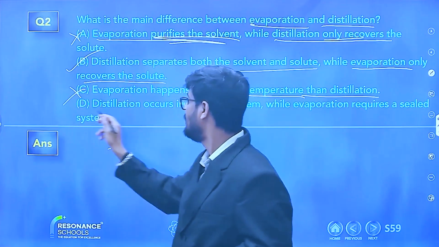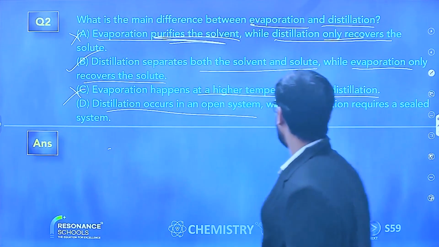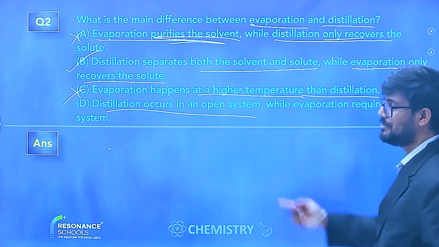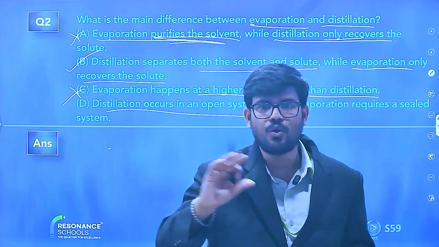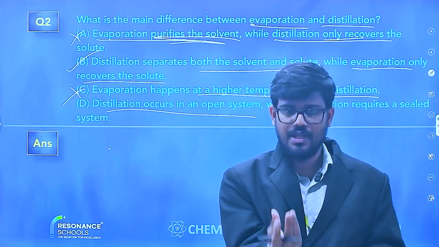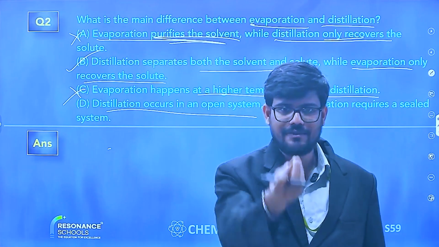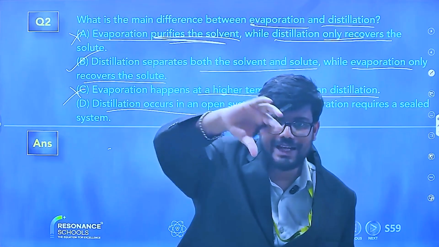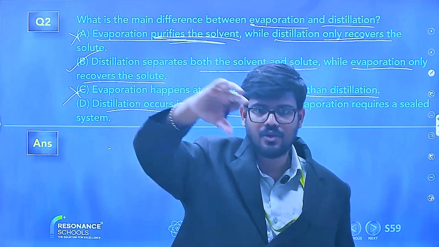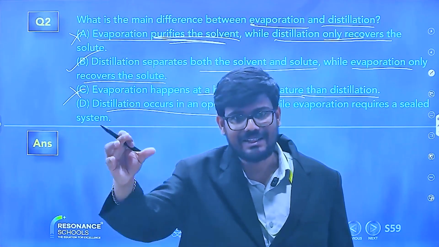Next, distillation occurs in an open system, while evaporation requires a sealed system. It is saying exactly opposite. Distillation is not an open system. If you are following the distillation process and liquid is converting to vapor, that vapor should be in a tube, which we call a condenser. Then only you can collect that vapor.